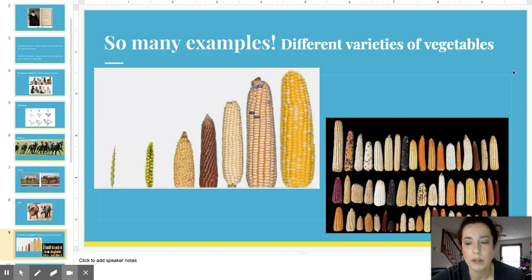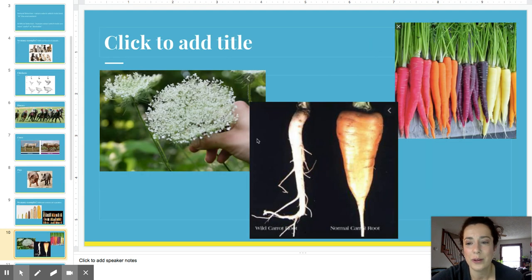Corn, so many varieties of corn. We talked about this in class. This little thing over here, corn originally was a type of grass called teosinte, and then over time we planted the type of corn that we wanted so we could get bigger kernels. Another one here, Queen Anne's lace.